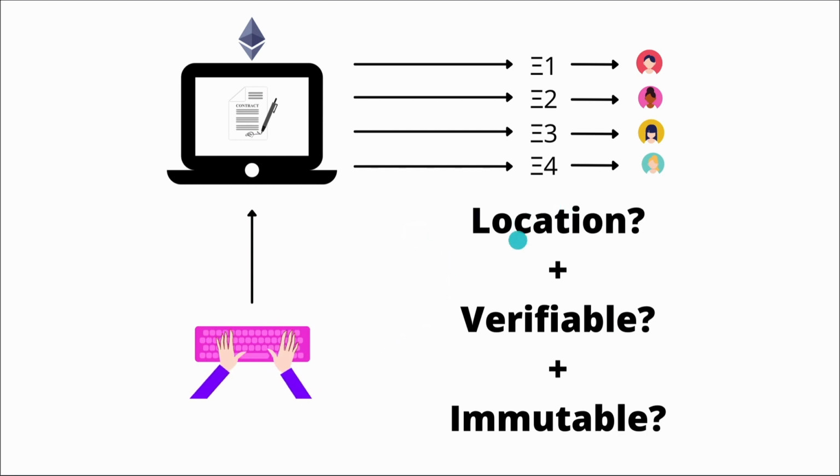Where does the software run? Not on my computer anymore. Instead, it's a distributed software which is part of the Ethereum network. Who knows what the software is doing? Everyone. Because it's distributed, everyone has open access to it and can look at the source code to figure out what it's doing.